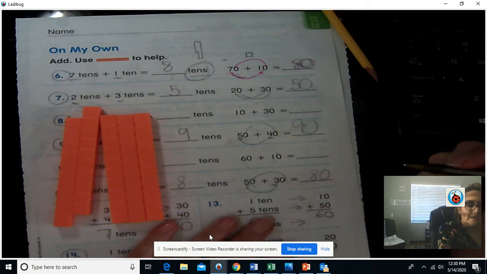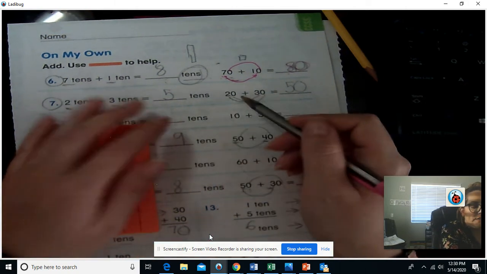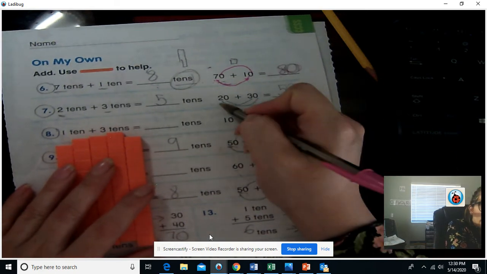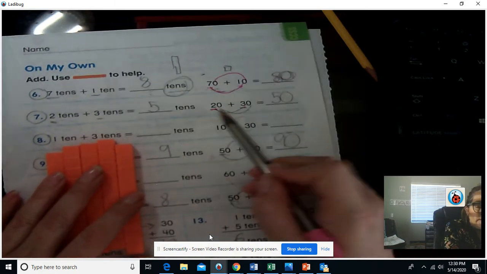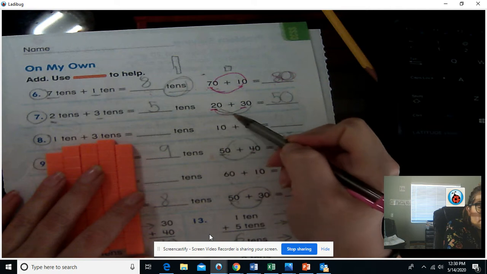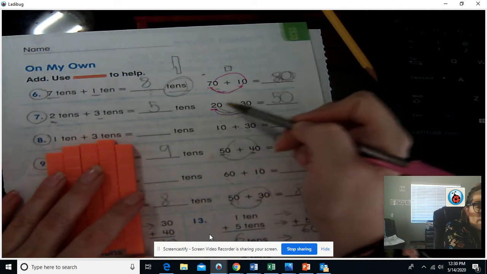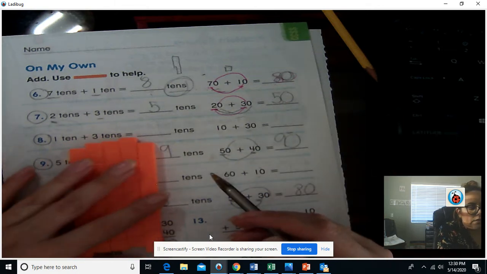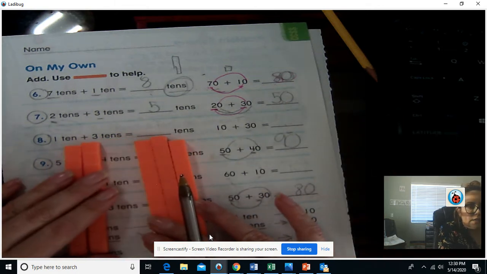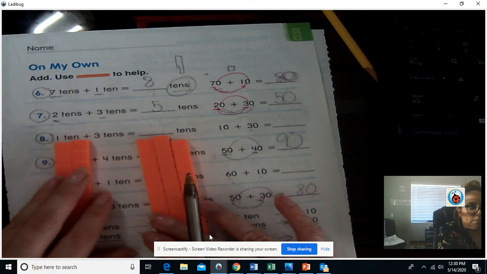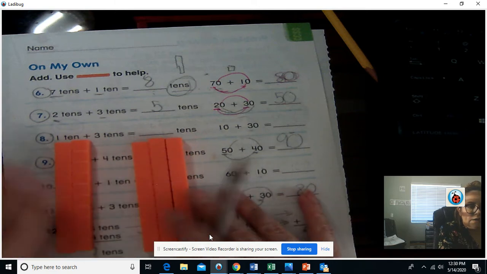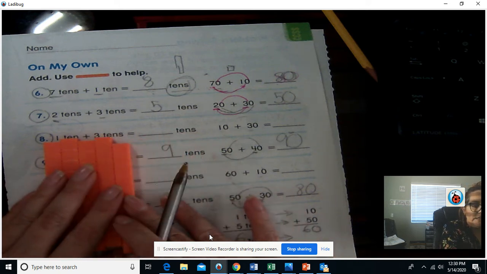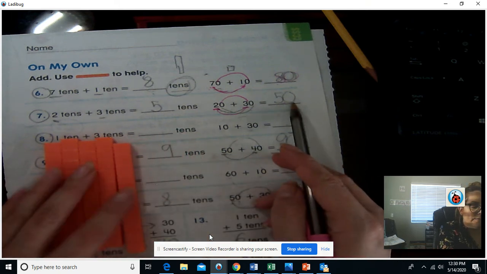And then when I'm adding my ones, so if I want to do 20 plus 30, I know that it's 2 tens plus 3 tens. 2 plus 3 equals 5. 0 plus 0 equals 0. So that's really saying 20 plus 30. So I can count 20, 30, 40, 50. Does that match up? Yes.